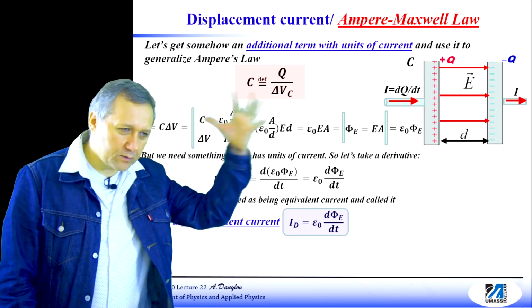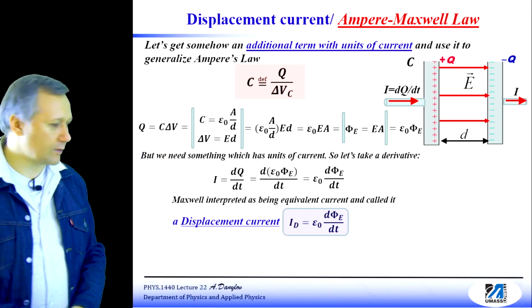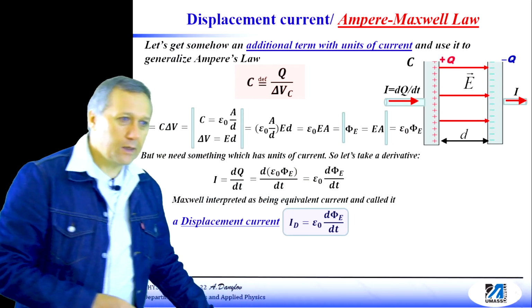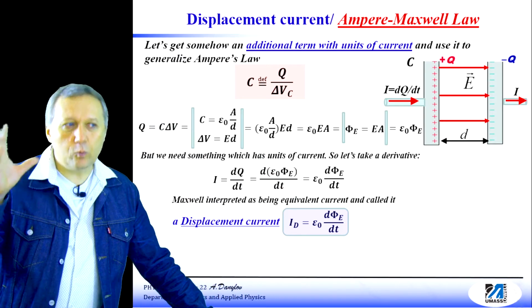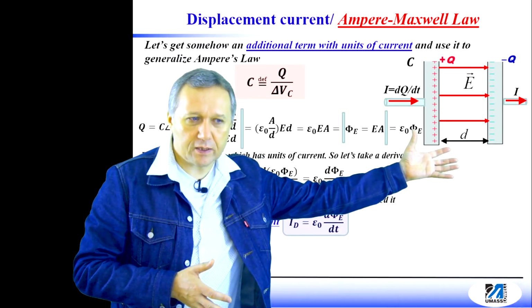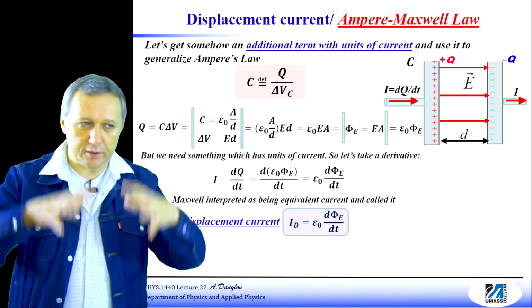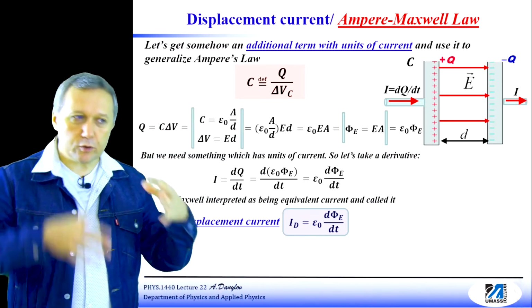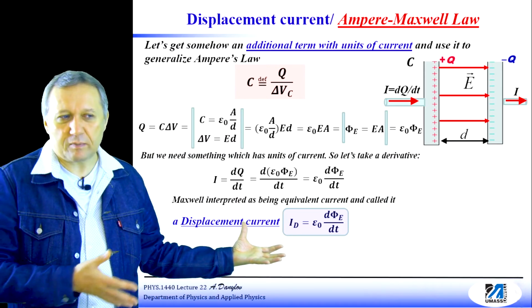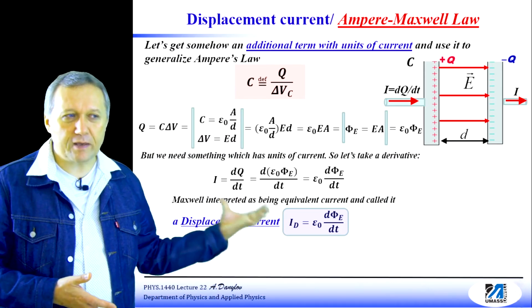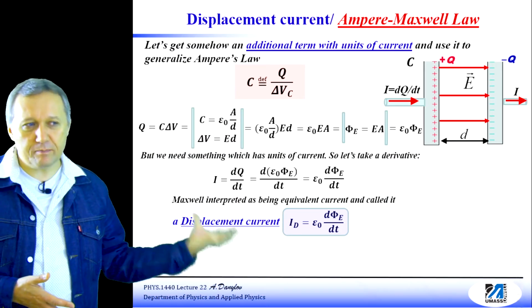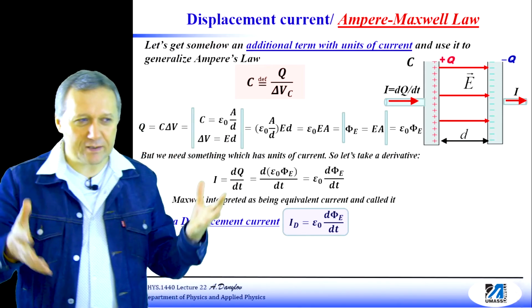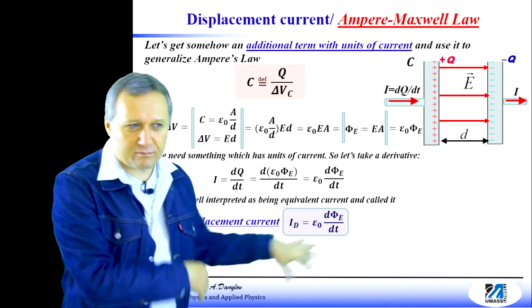Back then, 100 or 150 years ago, when this was a hot subject in physics, they had some ideas about what might happen inside of this capacitor. They tried to create some mechanisms, and according to those mechanisms, they thought this was some kind of displacement current. So probably back then this term had some meaning, but then all those ideas, those mechanisms turned out to be complete rubbish.